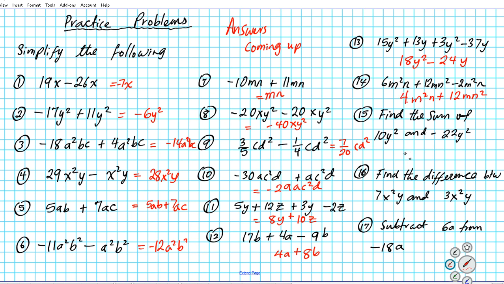Okay, good. For number 16, the answer is negative 12y squared. For number 17, the answer is 4x squared y. And the last one, the answer is negative 24a.